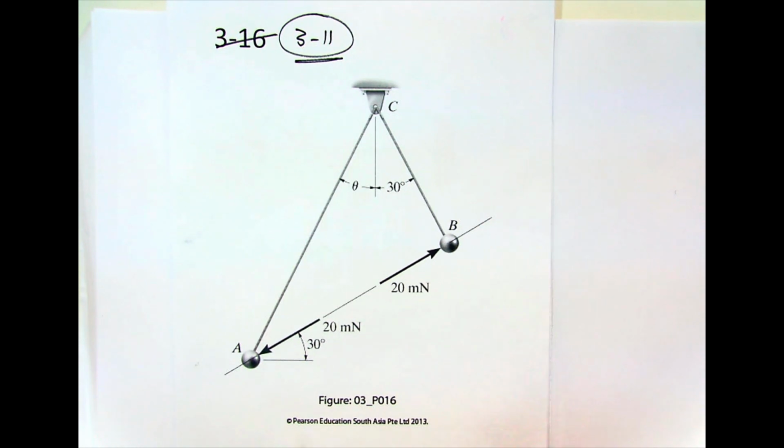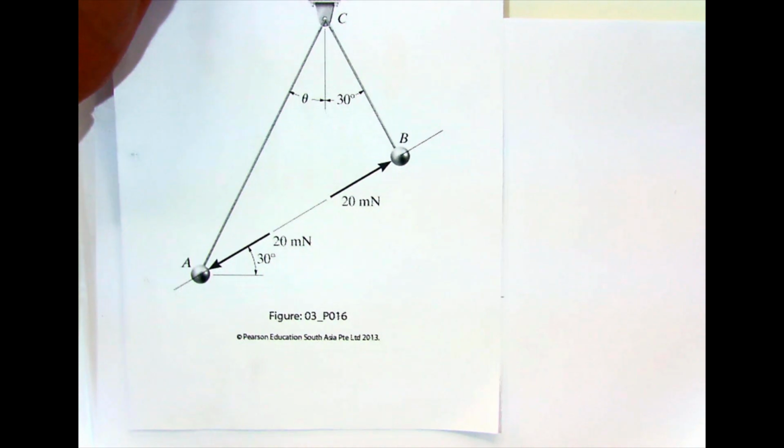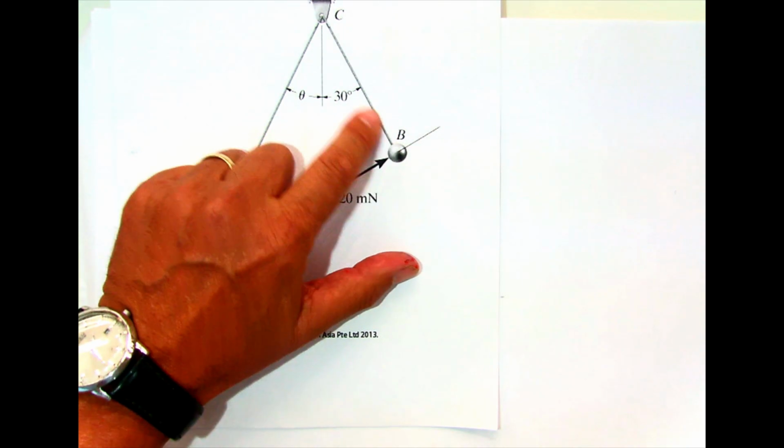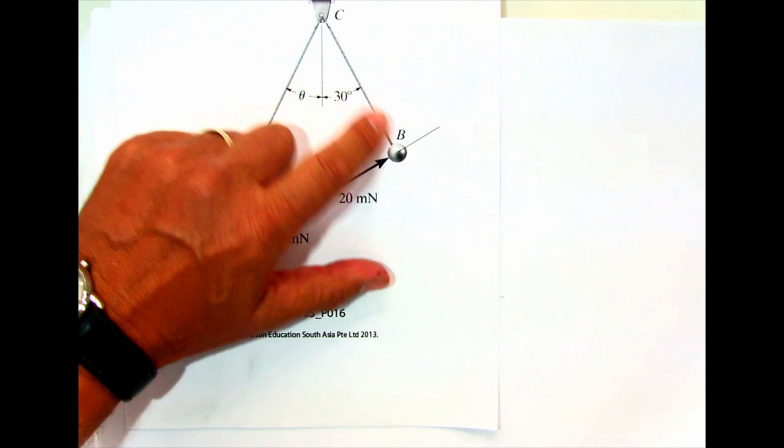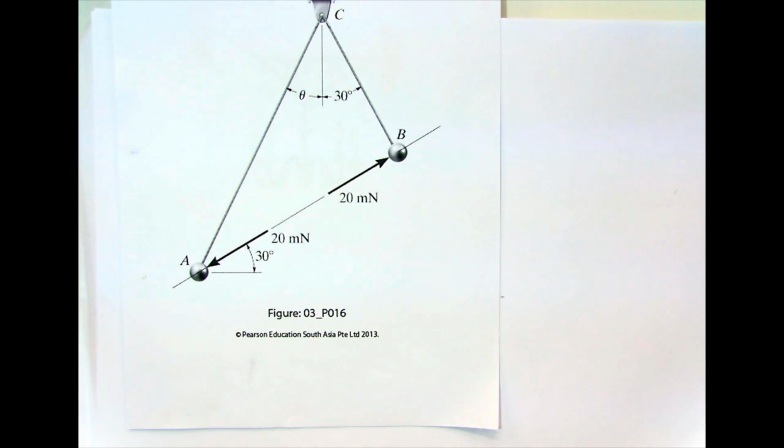But okay, if we were to look at a drawing of that, let's look at B. On B, as I say, you have a tension force pulling B in that direction. You have that force, and you have the weight.